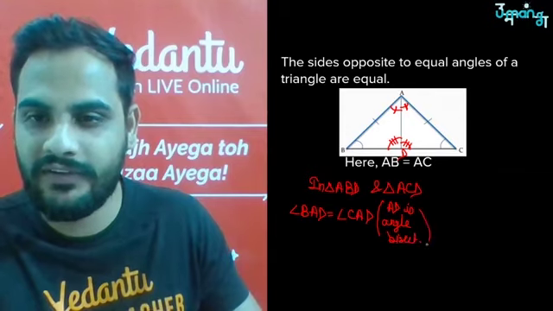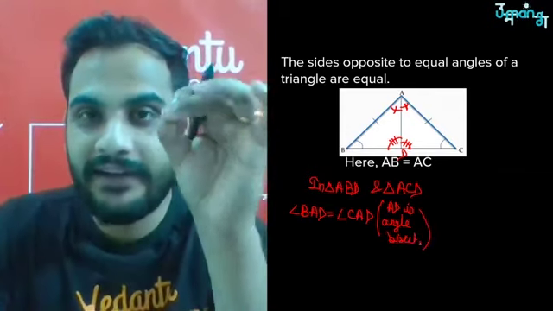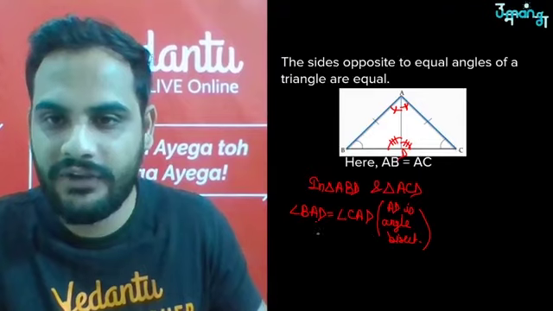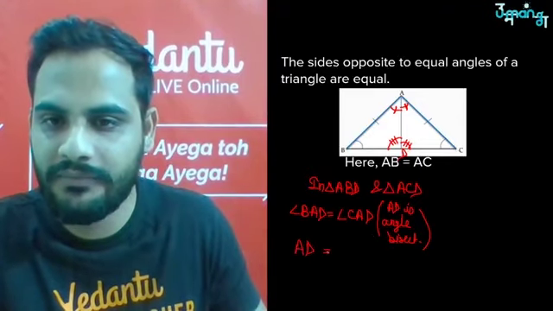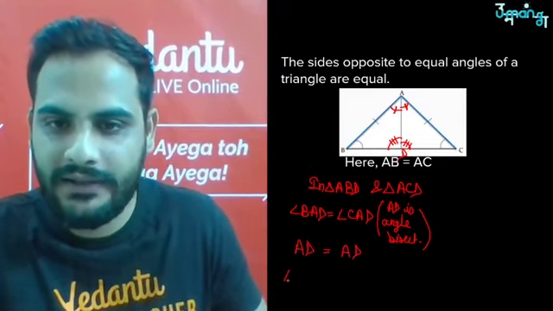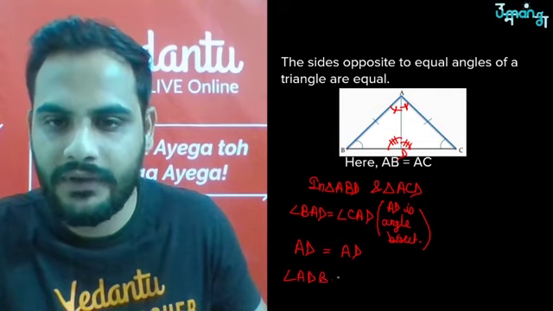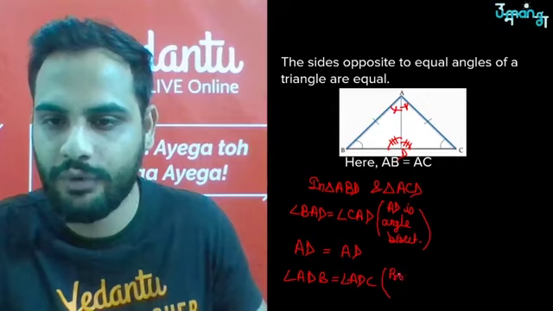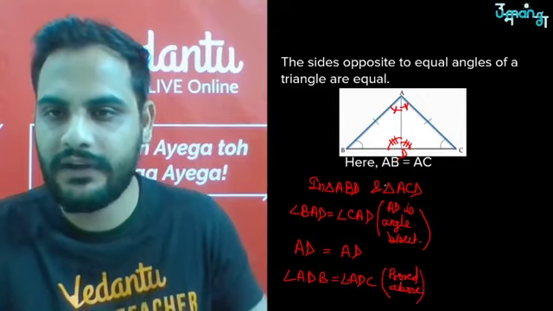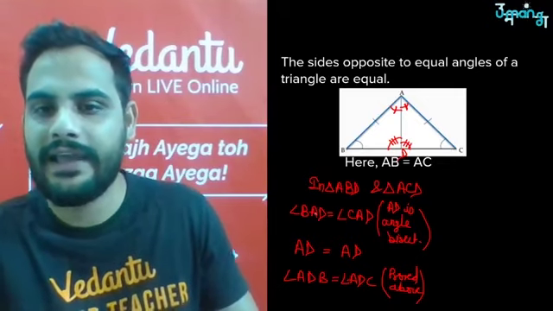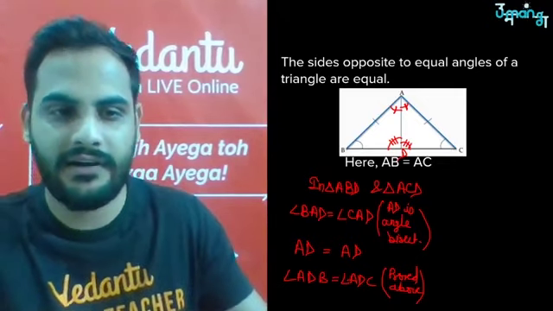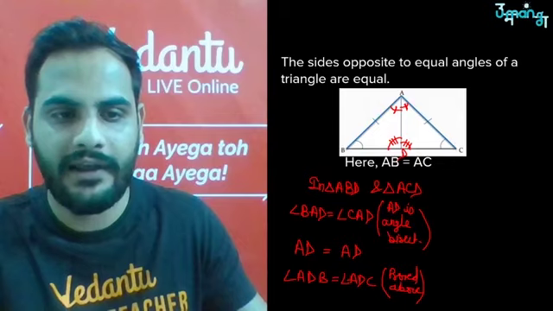First, always write the reason. You can see I am writing the reason every time. Then we know that AD is the common side, AD is equal to AD, and then angle ADB is equal to angle ADC, proved above. We have proved it in the previous page. So it is angle side angle criteria.